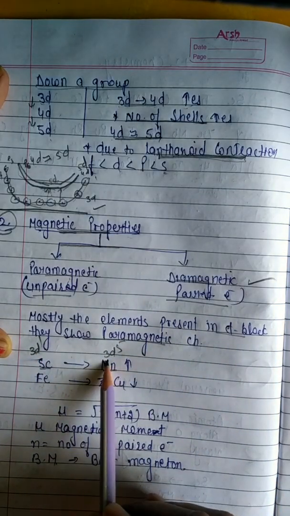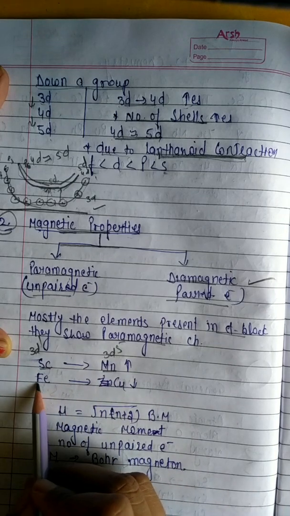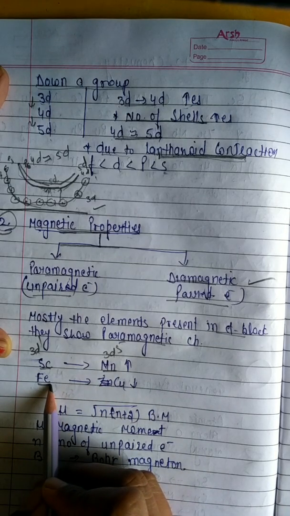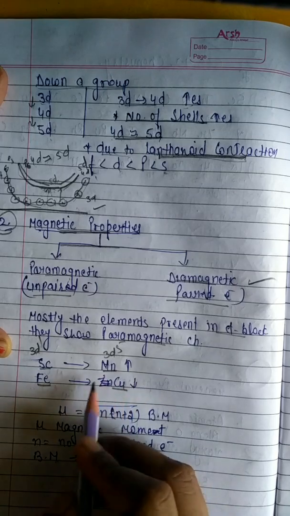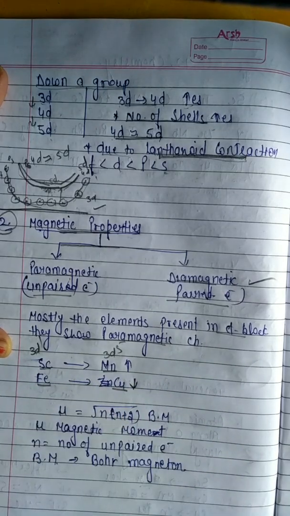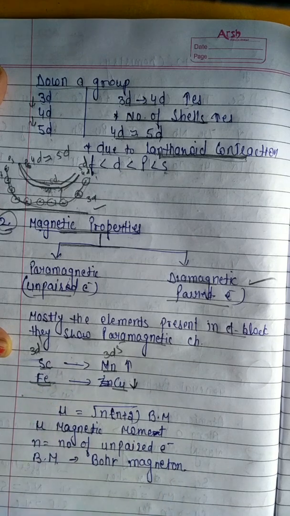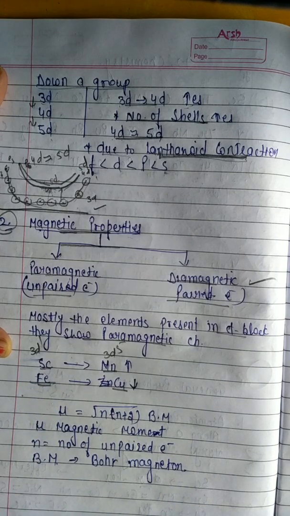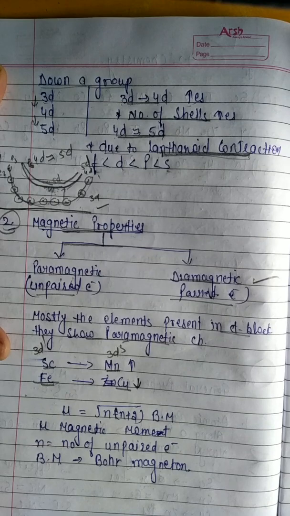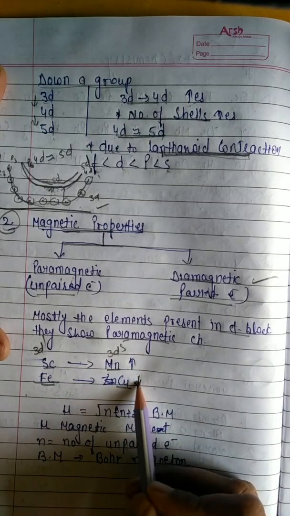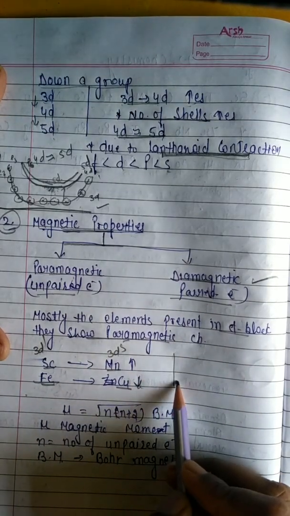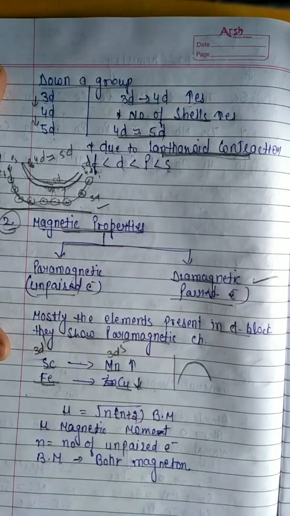Firstly, the unpaired electrons will increase. After that, from iron to copper, the unpaired electrons will decrease, because after that, in the case of iron, pairing of electrons in an orbital starts. So that's why paramagnetic character first increases, after that decreases.